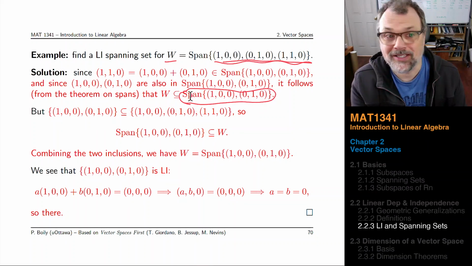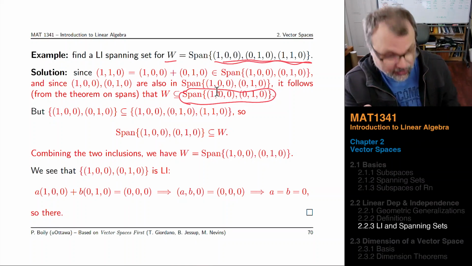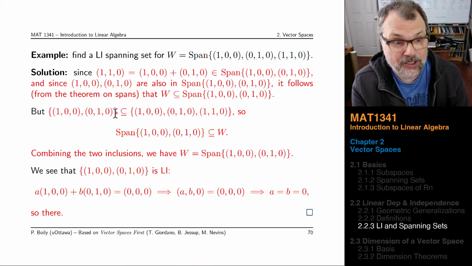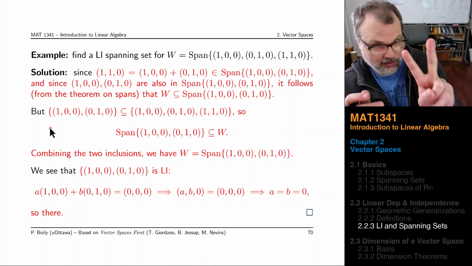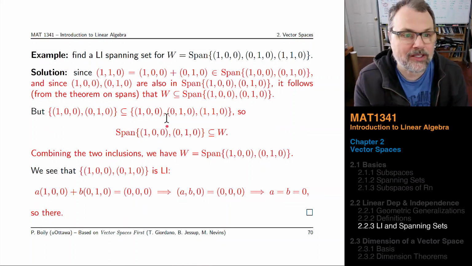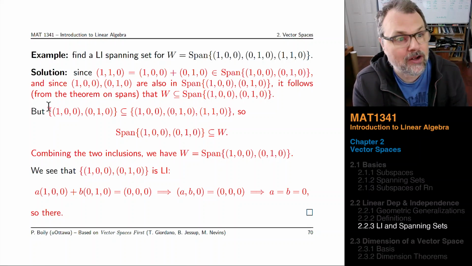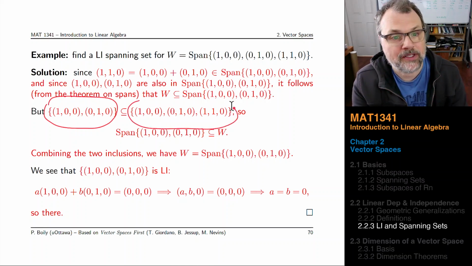So W is contained in the span of these things. But we use the same big theorem here, and basically what this tells us is that (1, 0, 0) as a spanning set, a set that contains only two vectors, is contained in the other spanning set. And so the span of these two vectors has to be contained in the span of these three vectors.